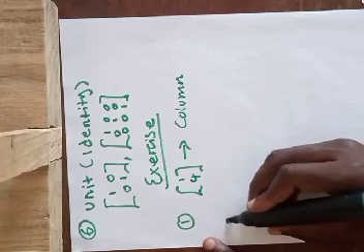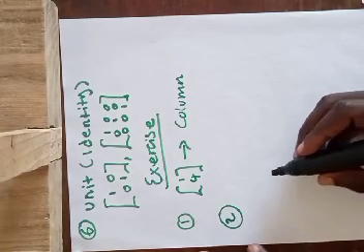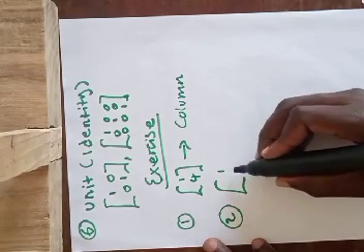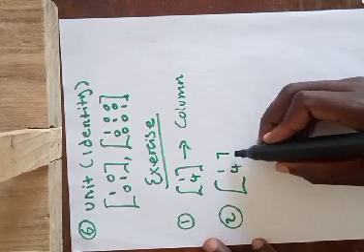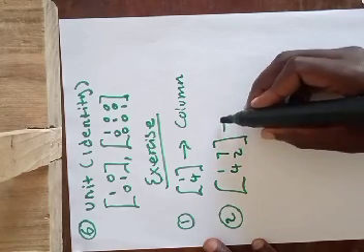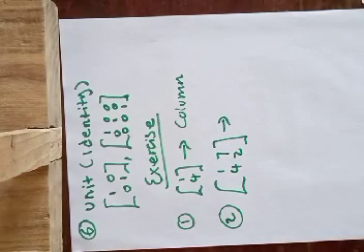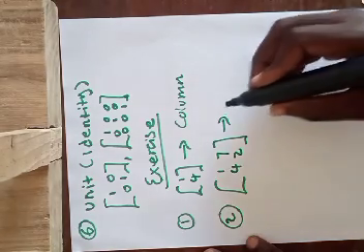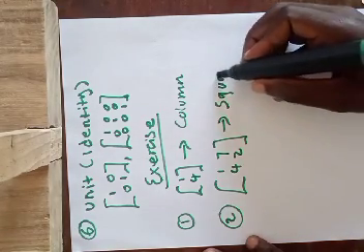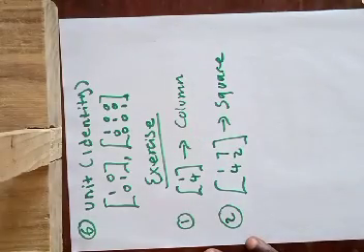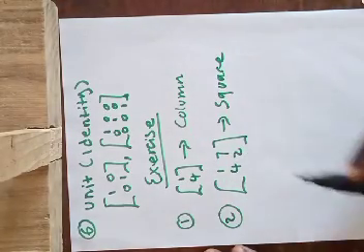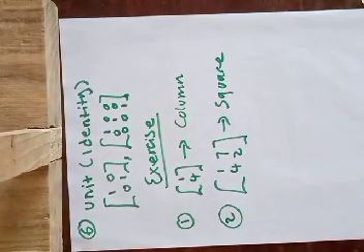Okay? Let's try to do this. What about 1, 4, 7, 2? What is this called? What type of a matrix is this? Thank you so much. It is called a square matrix. Oh, brilliant. Why? The number of rows and the number of columns, they are the same.